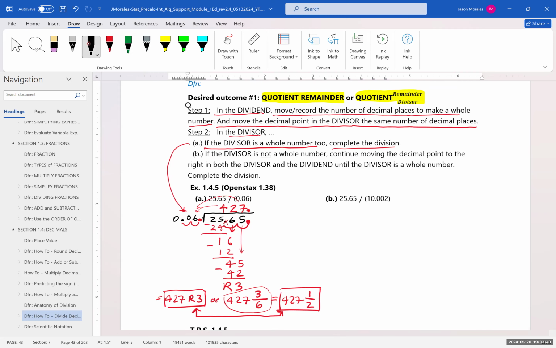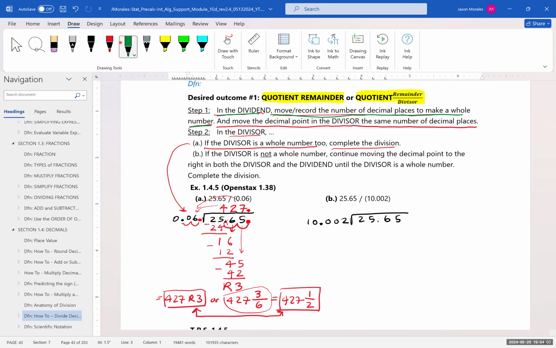So let me write down. So we've got 25.65 divided by 10.002. Okay, step 1, in the dividend, move and record the number of decimal places to make a whole number.